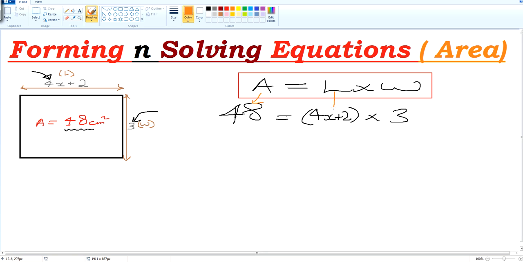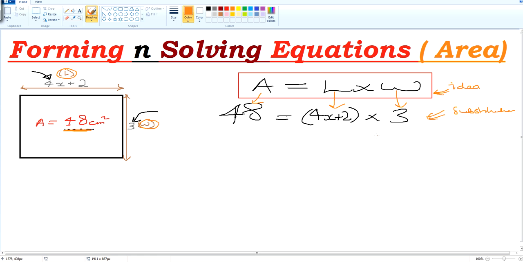Here's our area, here's our length, here's our width, and they all come from the information they're giving us in the question. So the idea is an area formula for a rectangle, and we've done our substitution.